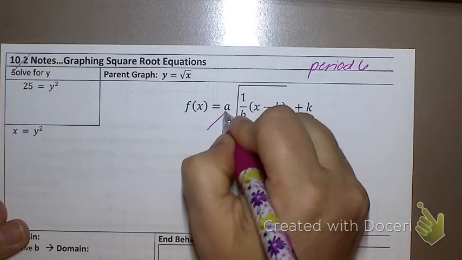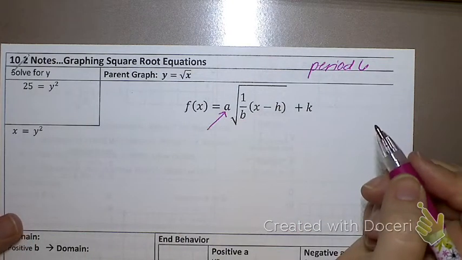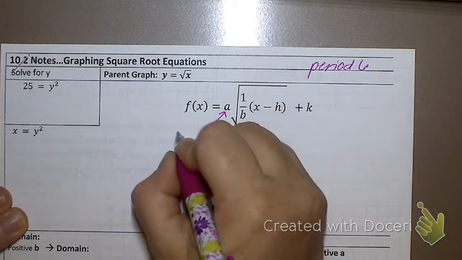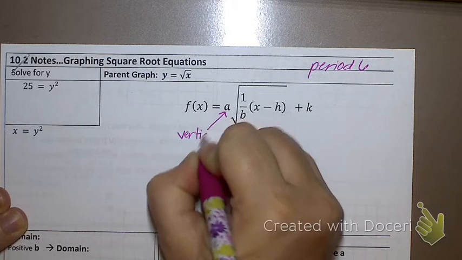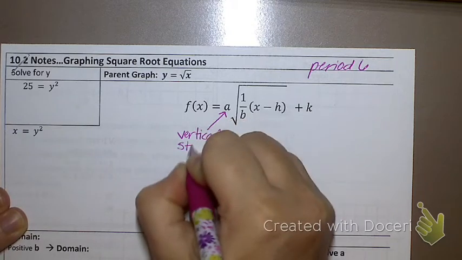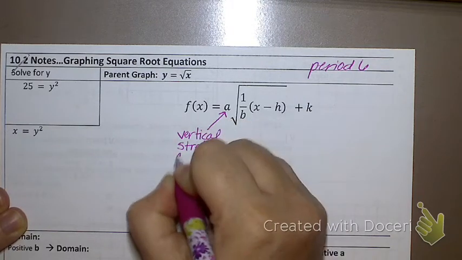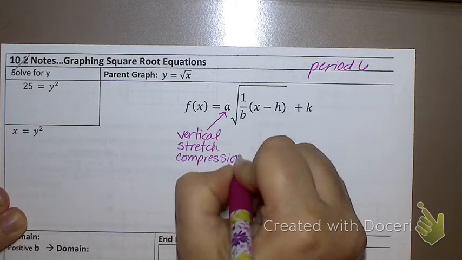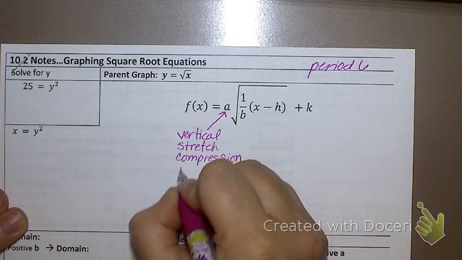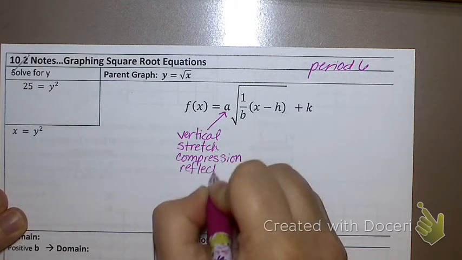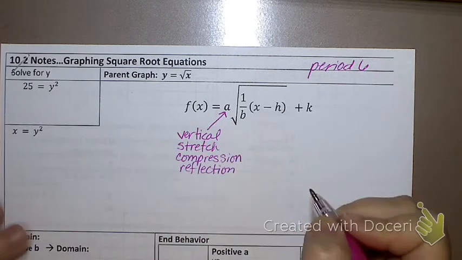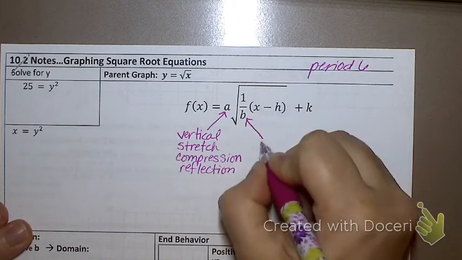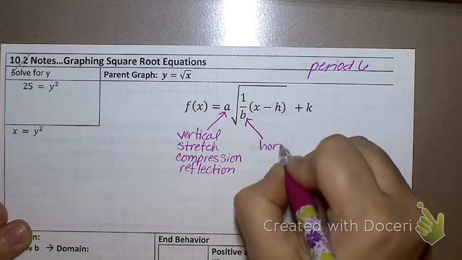So, A, B, H, and K all mean the same thing that they did before. A is still a vertical stretch or compression, or what? Reflection. Yes? B is horizontal, same things.